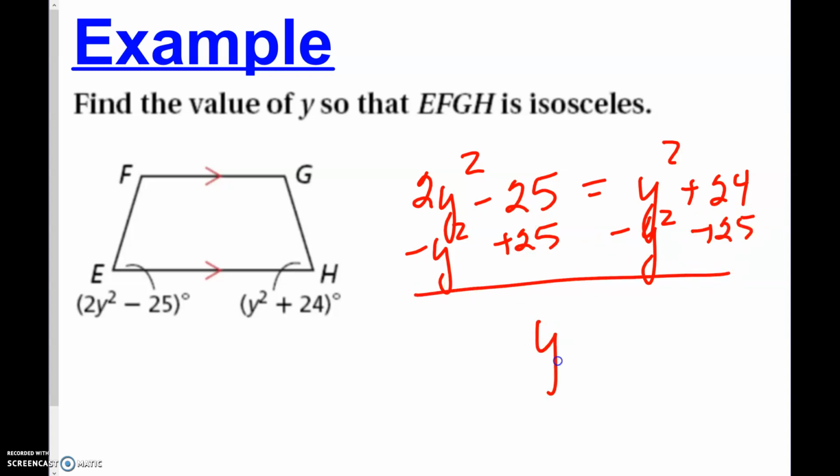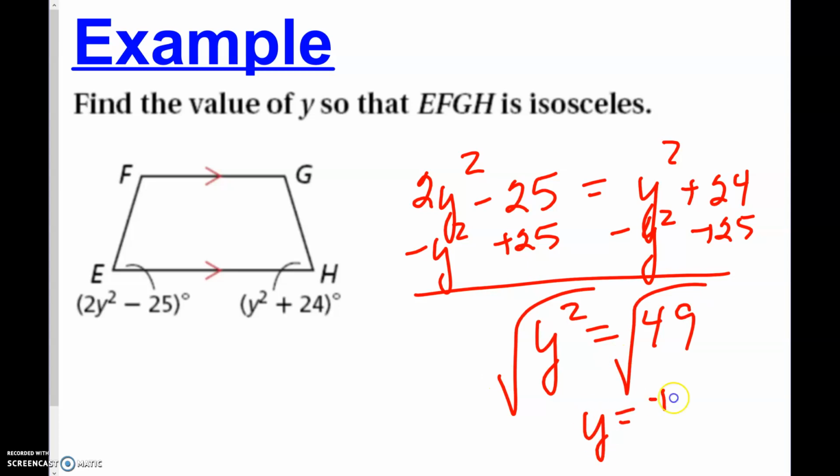So it looks like I get y squared equals 49. So now I'm going to square root both sides, and remember technically this answer is a plus and minus 7. So find the value of y, and since we'd put this in here, y squared, we can actually use the 7 or the negative 7 because we square it so it turns positive. So that is our answer, a plus 7 and a minus 7.